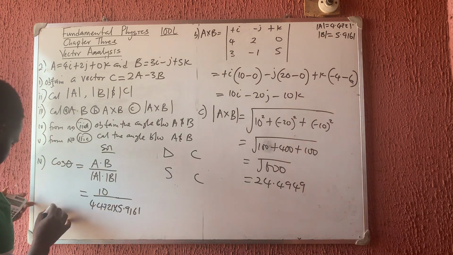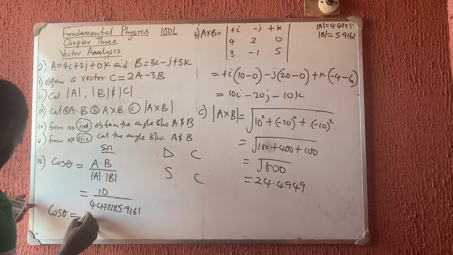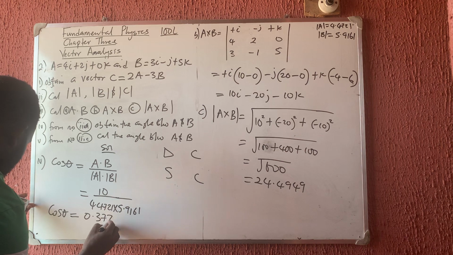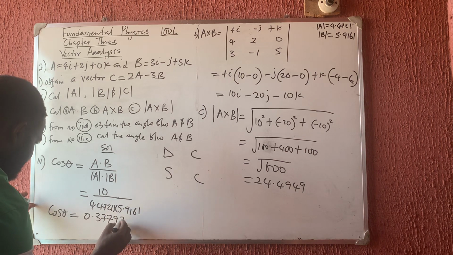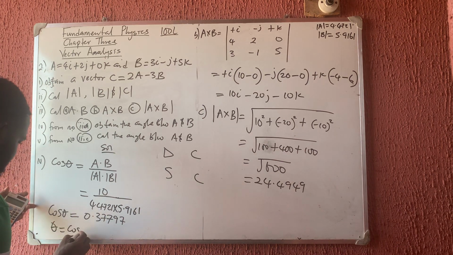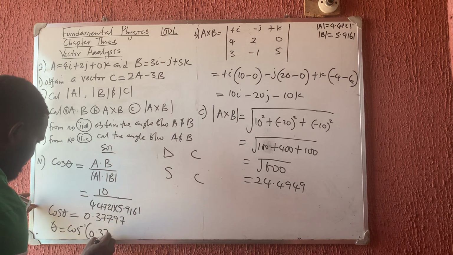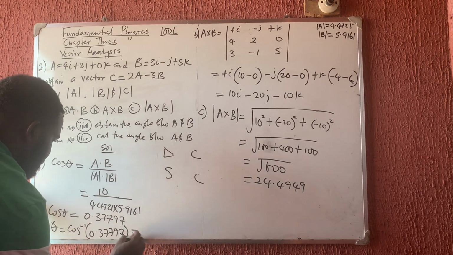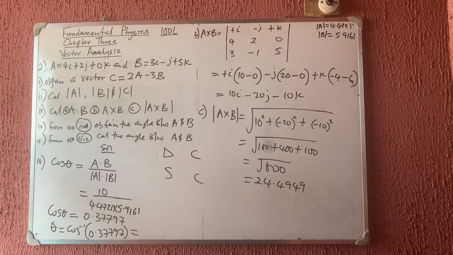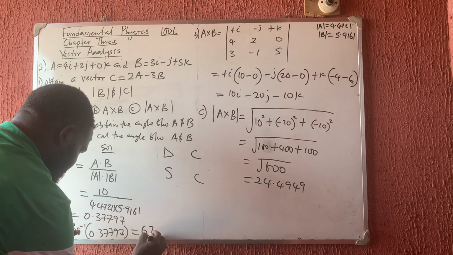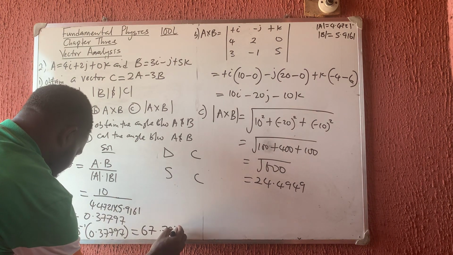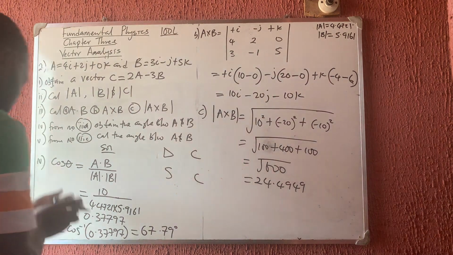I have that my cos theta will be equal to 0.37797. So my theta will now be the cos inverse of 0.37797. If you do that, shift cos inverse, I will have 67.79 degrees.